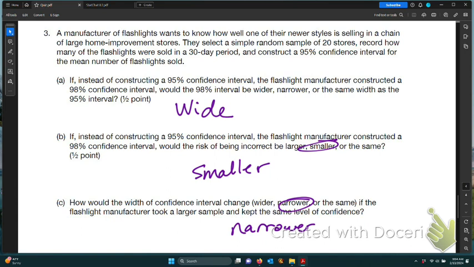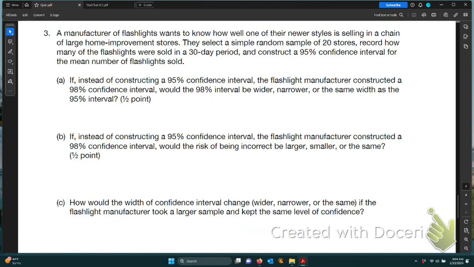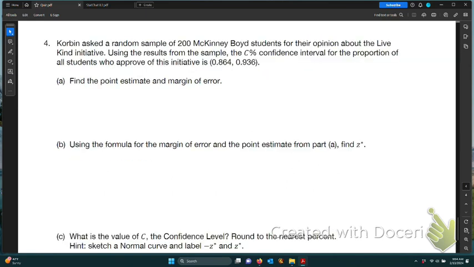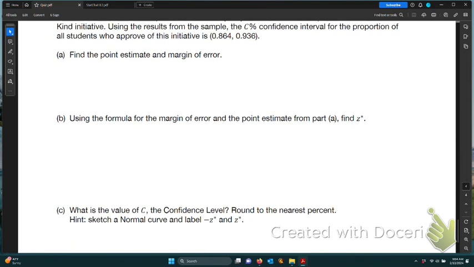Be careful. Use the language that the question asks you to use, okay? And then at the bottom, you guys did really good at the bottom. The bottom question is where you have to find the C% confidence level. That's really a bonus question kind of question. There's not a question like that on the test.